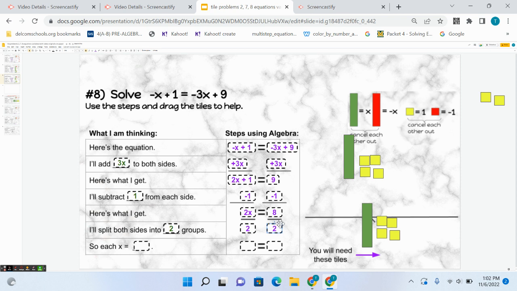Remember that fraction bar means division. If I divide the candy into 2 groups, I can tell that each trick-or-treater gets 4. Both x's are equal to 4. So my very last step in my solution would be x equals 4.